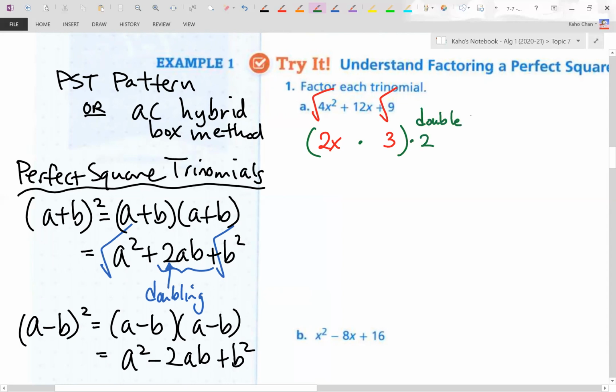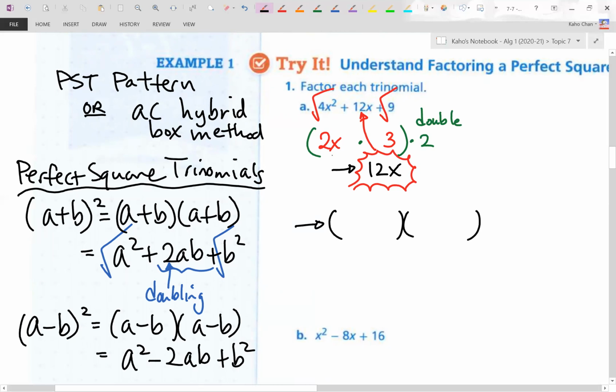When we double it, we will get 2 times 3 is 6, times 2 is 12x. There it is. It matches the middle term. That means this is a perfect square trinomial, which means you can factor it.